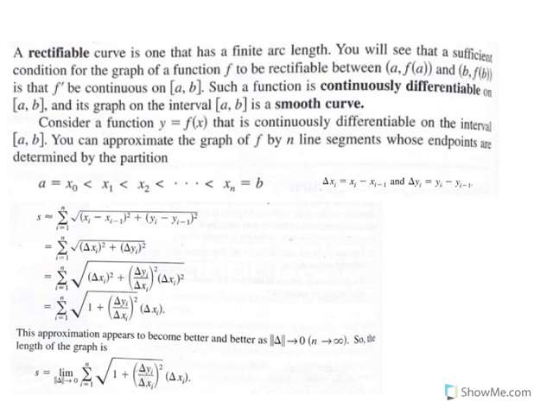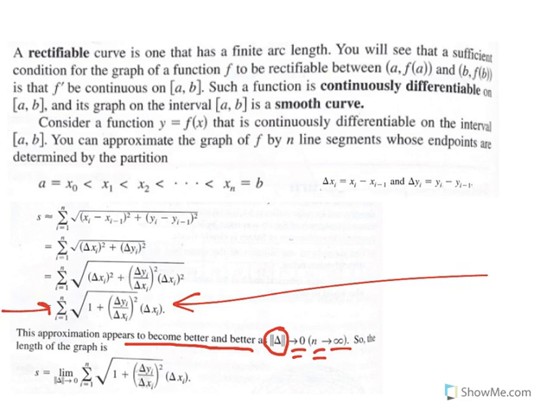So that's what you see here. This approximation appears to become better and better as the norm of the partition approaches 0. In other words, as the number of line segments approaches infinity. So the length of the graph is given by the limit of this Riemann sum as the norm of the partition approaches 0. But we're not quite where we want to be.